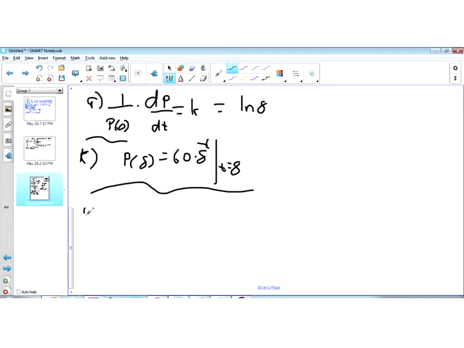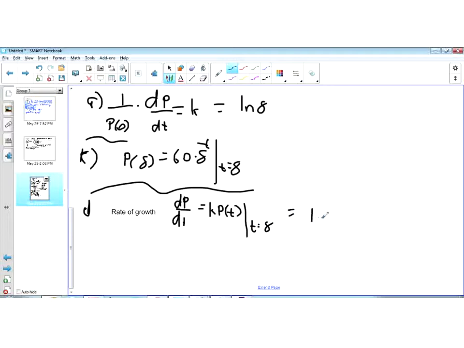And so for part D, the rate of growth would be formulated as the change in population with respect to t, which is equal to k times P. And so we evaluate t at 8 hours.